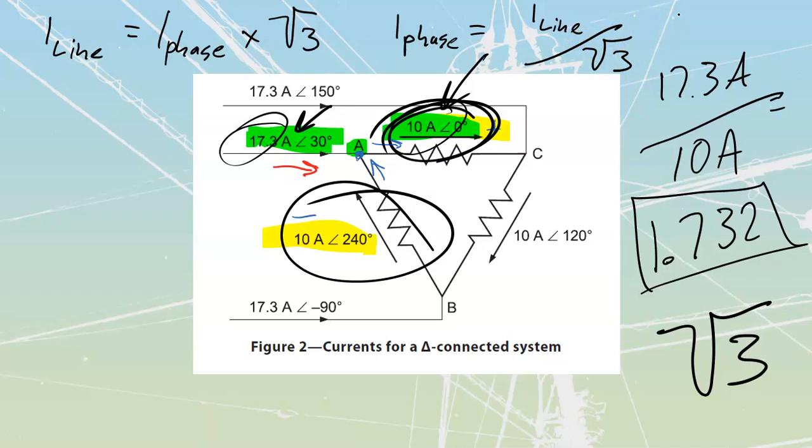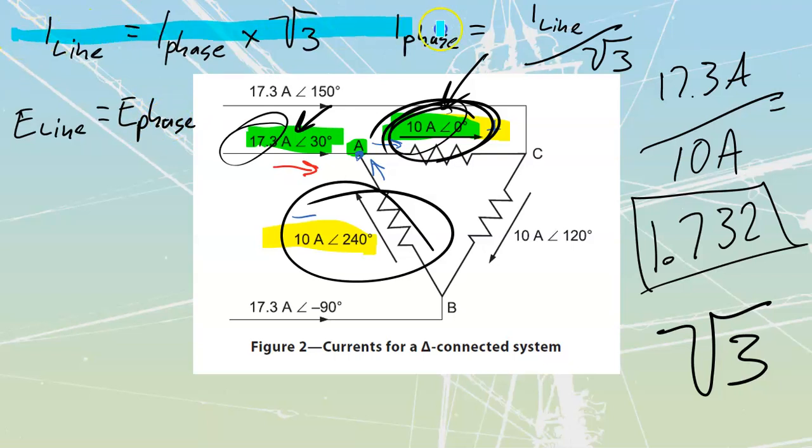Delta systems are wonderful on their voltage, for the fact that my phase and my line voltage, E line, is equal to E phase. Real simple to calculate like that, but it's the current that we have to take care with, because we're going to see that root 3 placed throughout all of these.